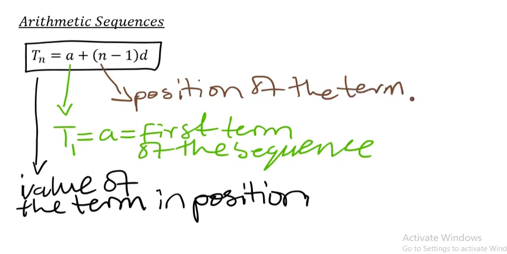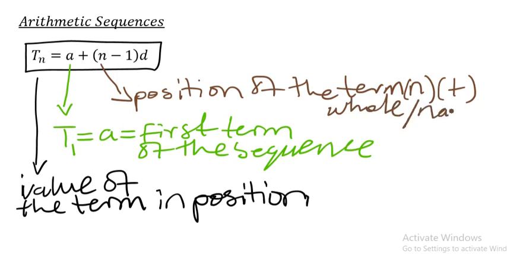Now there is something important that you need to know: n should always be positive, because n should be a whole number or a natural number. The last one that we don't know yet is d.